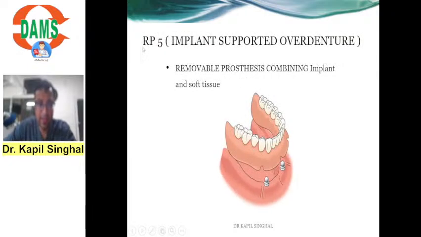Okay. Next is RP5. In RP5, 2 or 3 implants are placed generally in the canine region, and the denture will take the support both from the implant and the soft tissue.